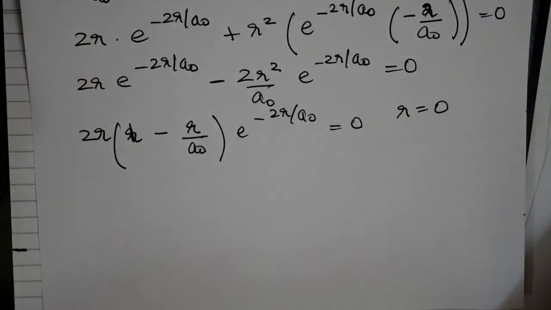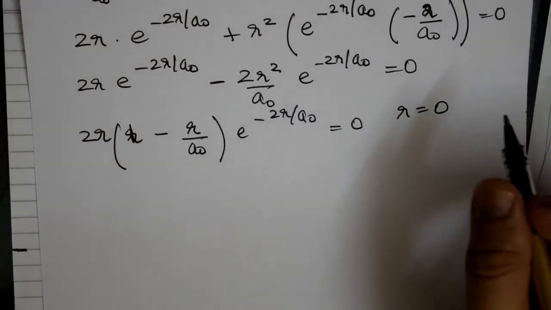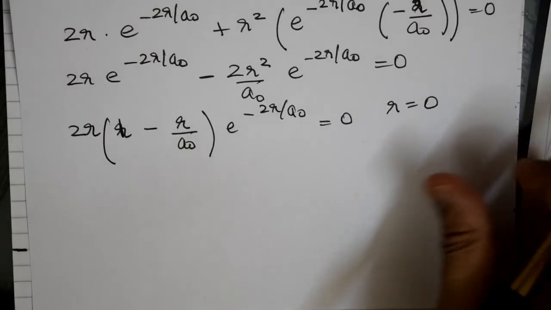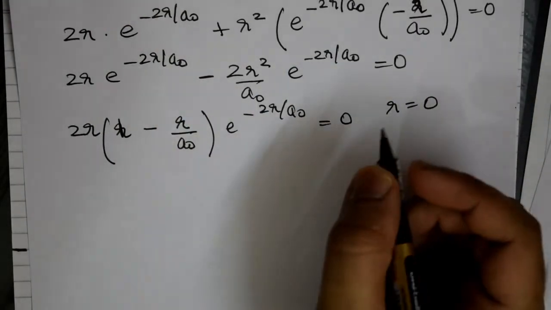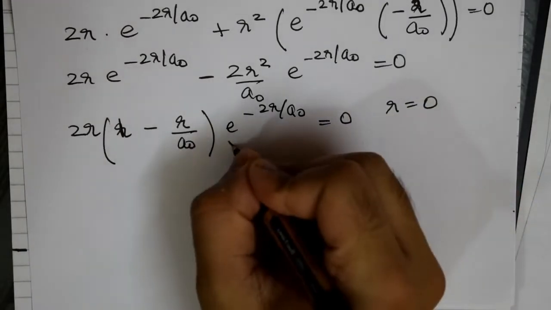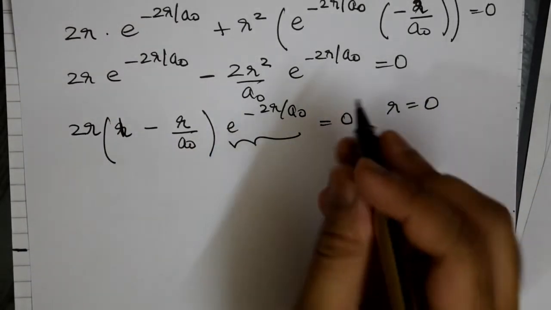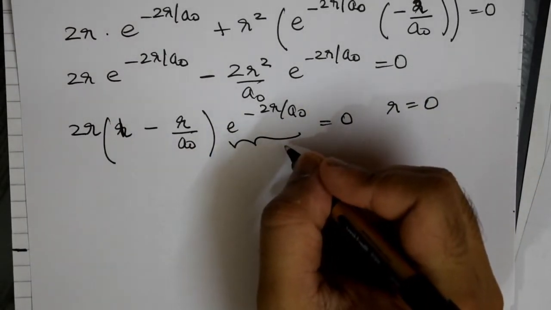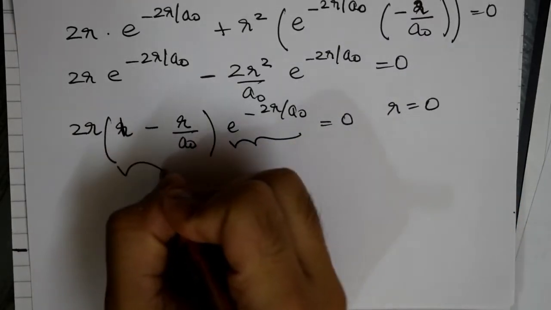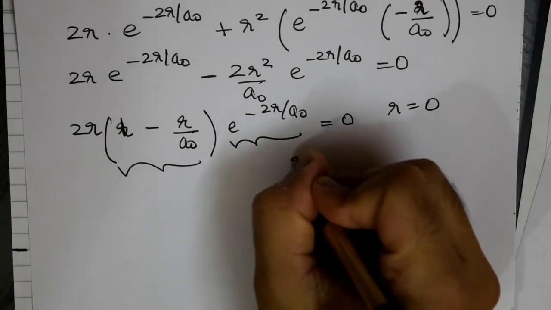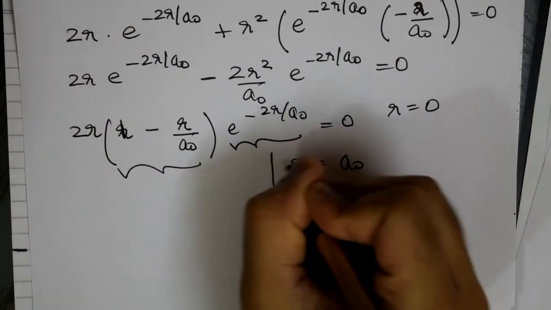Of course r equal to 0 implies that at the point of origin you have nothing, so that's what you see here. On the other hand, if the exponential becomes 0, the entire function becomes trivial, so it doesn't make any sense any further. So we set 1 minus r by a naught equal to 0, and you get r equal to a naught.